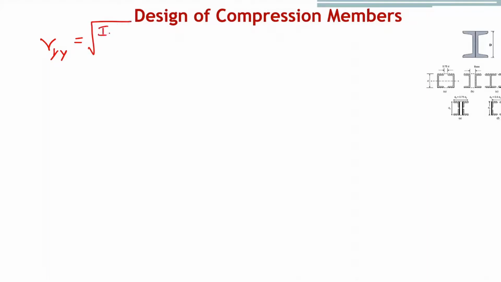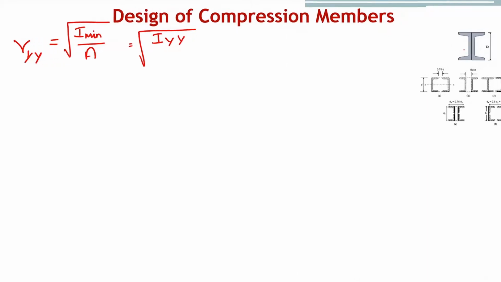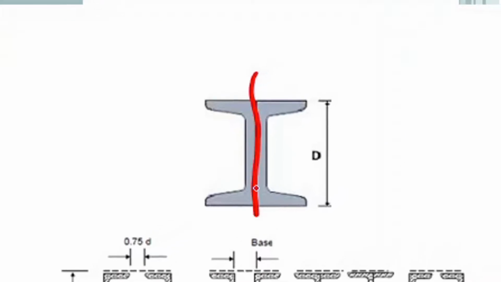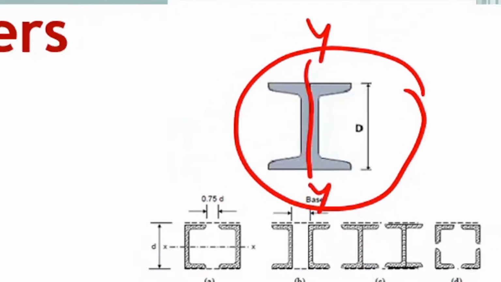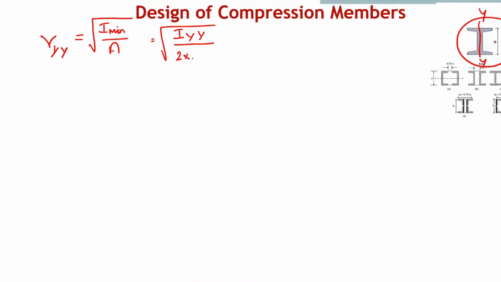It is the square root of I minimum upon the area of the compression member. Here I minimum is capital YY, because this is the minor axis, Iyy, upon the area of the compression member. I have two channels connected back to back, which totally act as a single compression member. So that means the area of two channels, 2 times 2438.